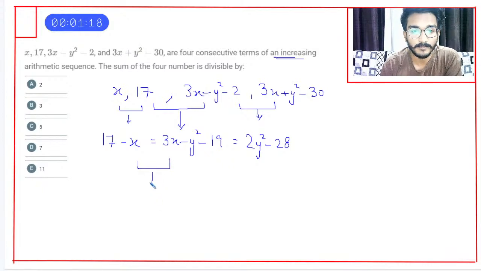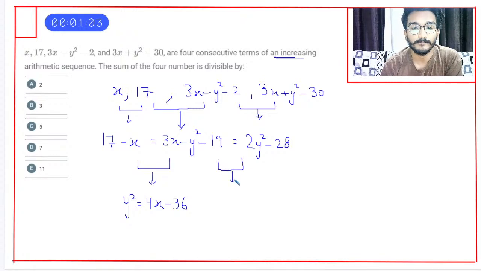If I make them the same, I am getting y square equal to 4x minus 36. And if I make them the same, I'm getting 3x is minus 9. Yeah, I'm getting this.